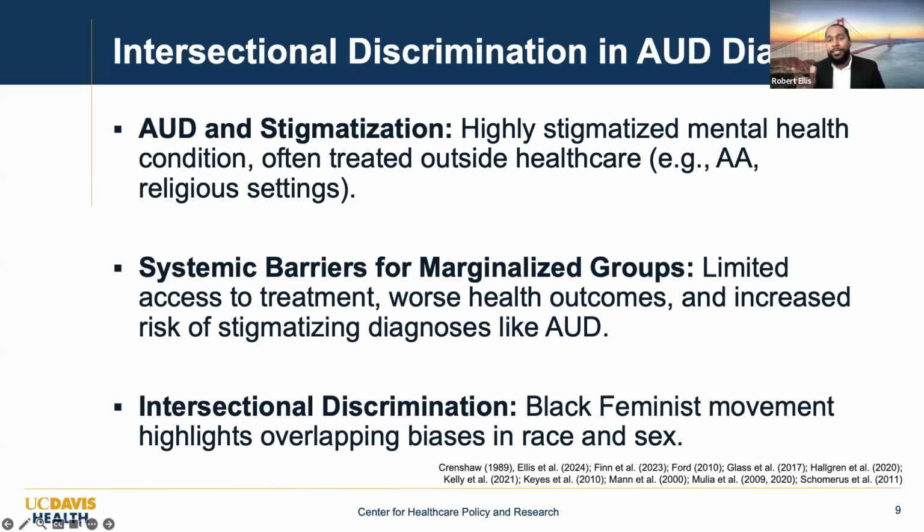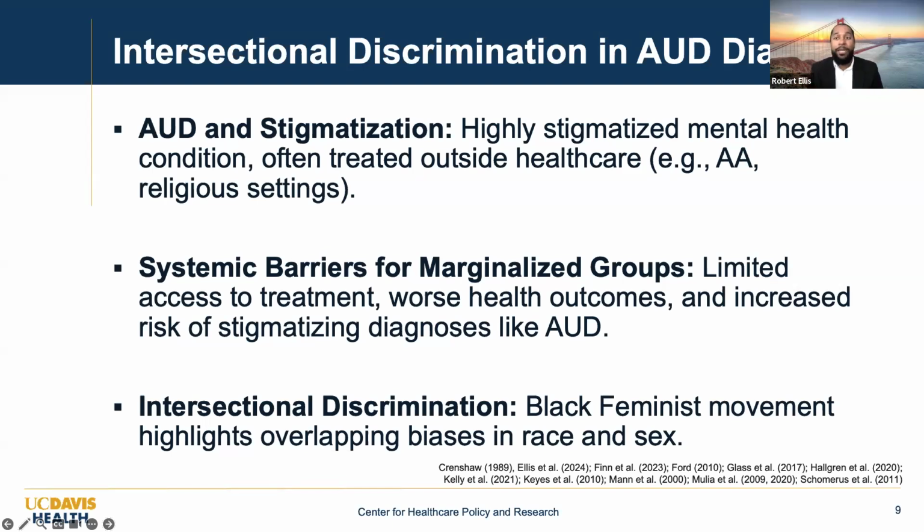To go into more detail about AUD and stigma, it is one of the most stigmatizing mental health conditions. Treatment for AUD has been heavily stigmatized as well, and it has historically taken place outside of the healthcare system, in places like Alcoholics Anonymous and other religious groups or religious settings.